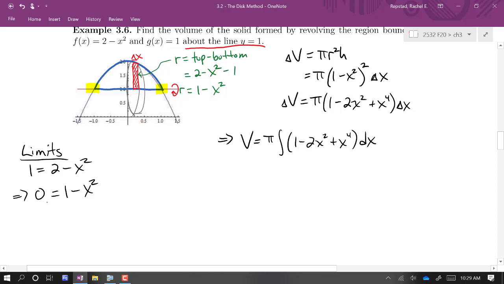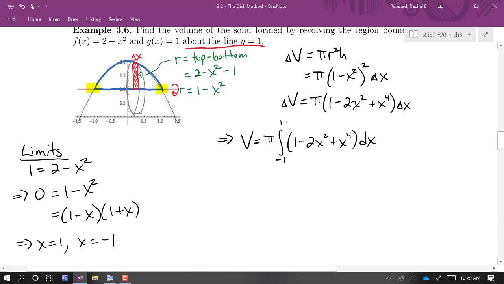And we can factor this: 1 minus x, 1 plus x, and we get x equals 1, x equals negative 1. So we're going to integrate from minus 1 to 1.